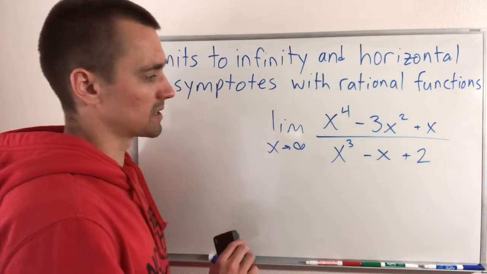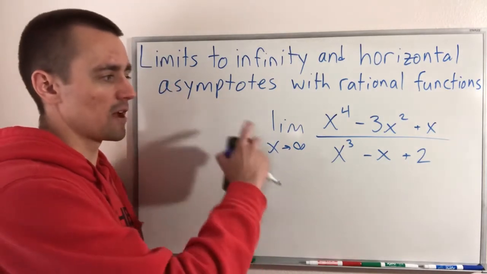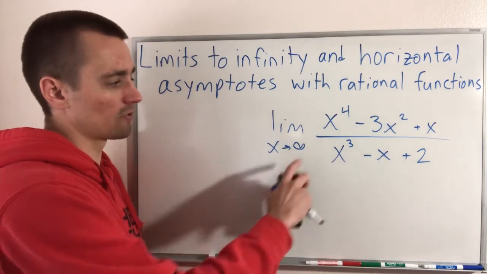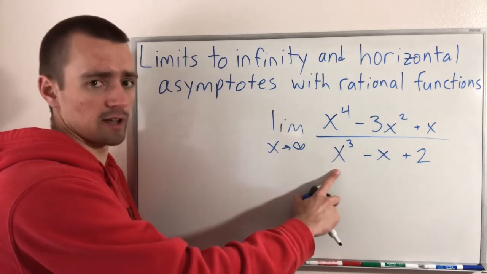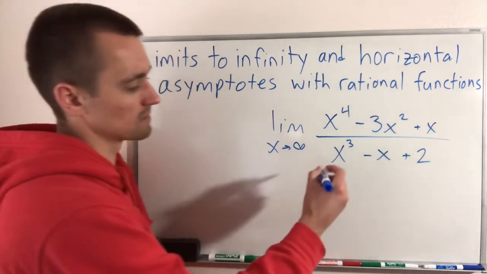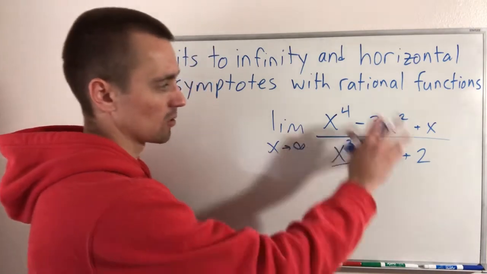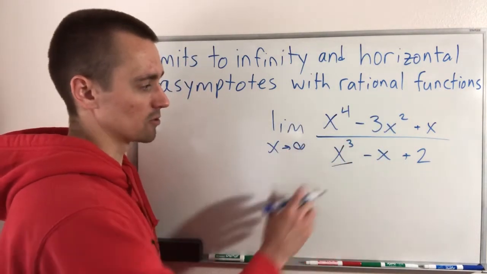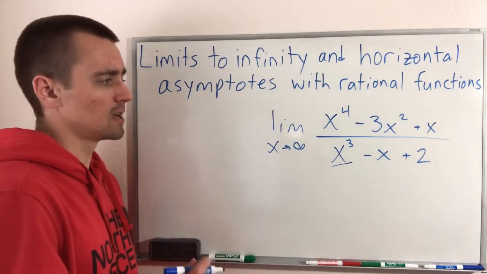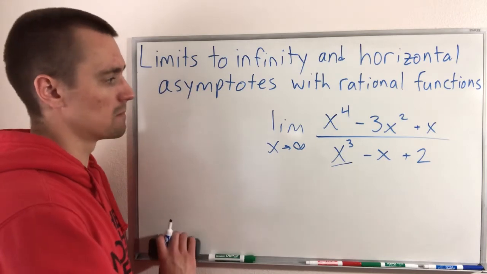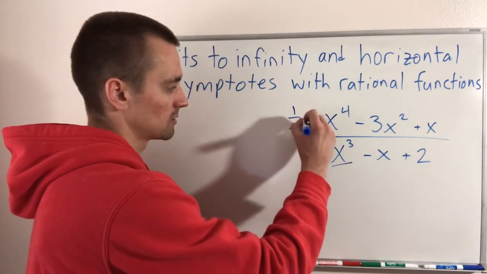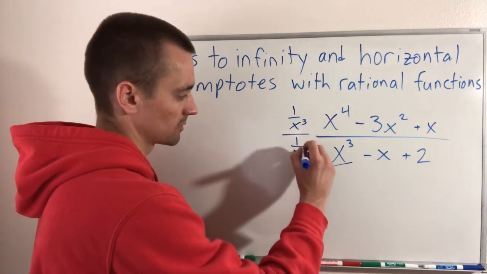What you want to do is think about dividing every single term by the highest power of x on the denominator. So we want to divide every single term within this whole thing by x cubed. The reason why this is okay is that we can think of it as multiplying this entire fraction by 1 over x cubed over 1 over x cubed.